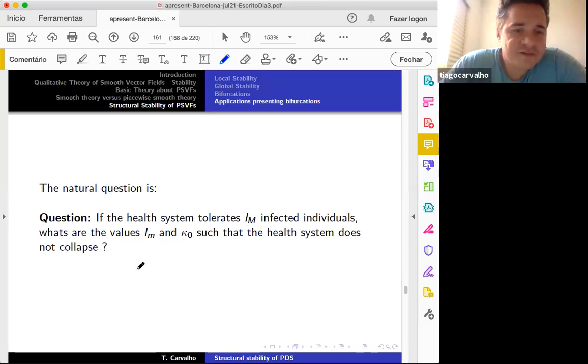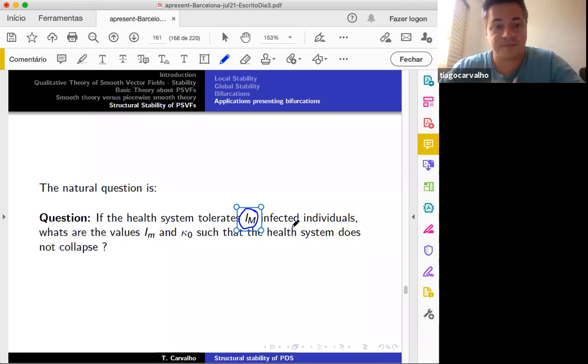A natural question here is the following. If the health system tolerates this number of infected individuals, the health system has a number of places available.